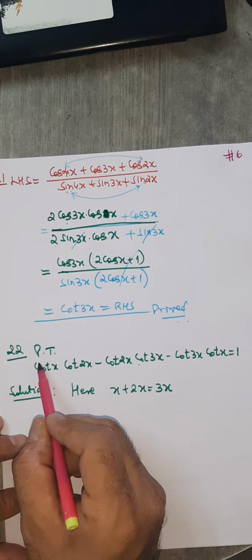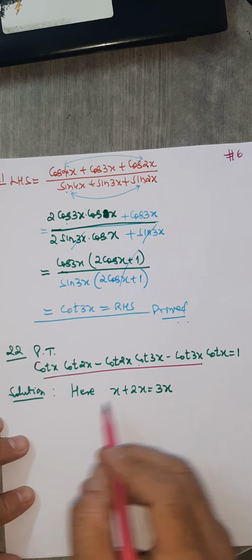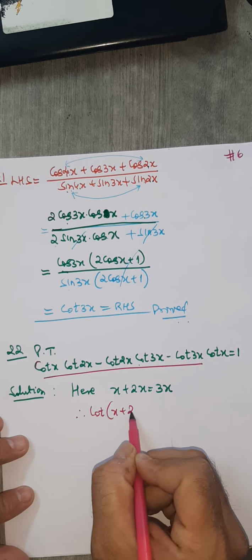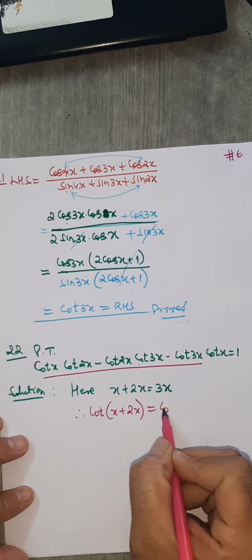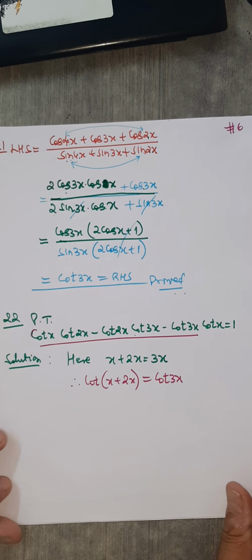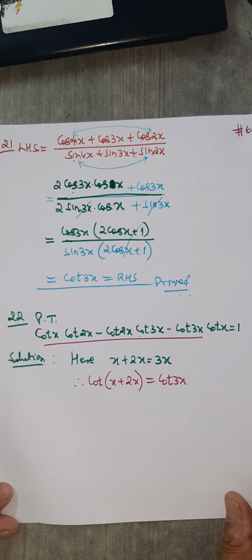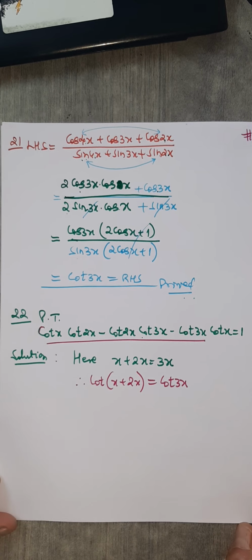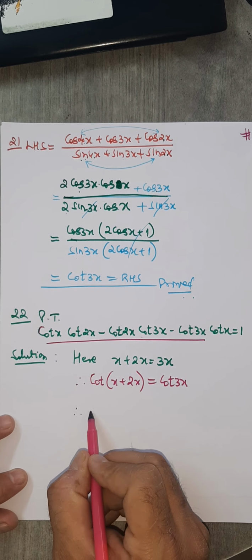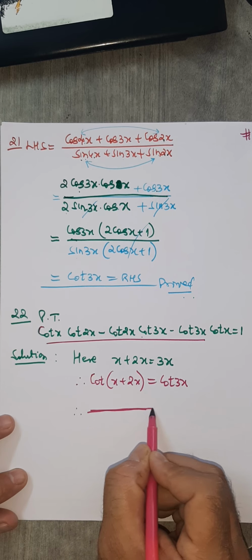Now here the question is about cot function. So I'll apply cot on both the sides. Cot of x plus 2x equals cot 3x. What we did, we have applied cot function on both the sides. Now this is the formula for, if you remember, cot of x plus y.